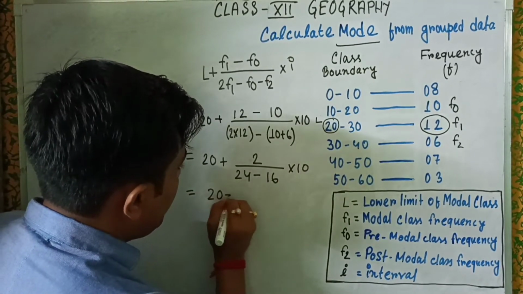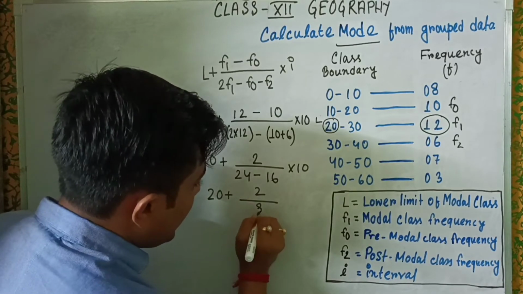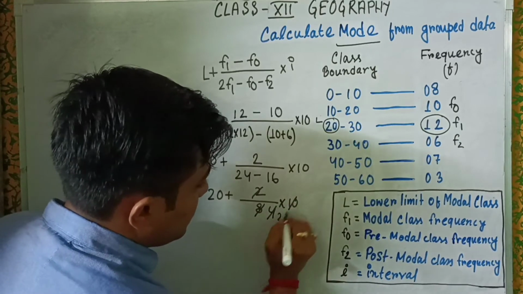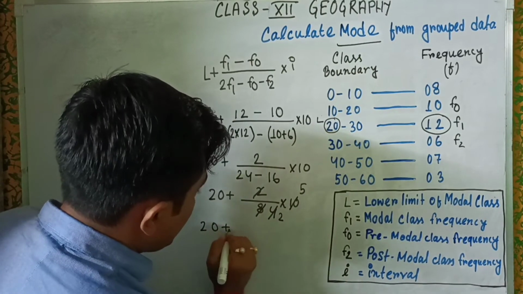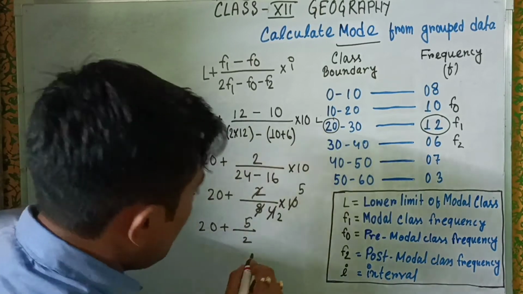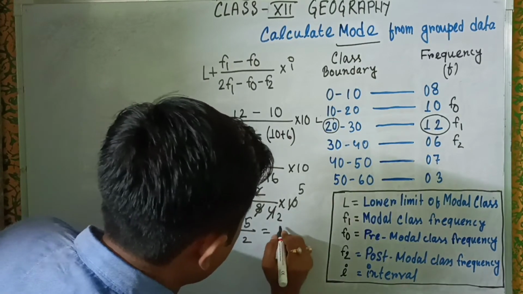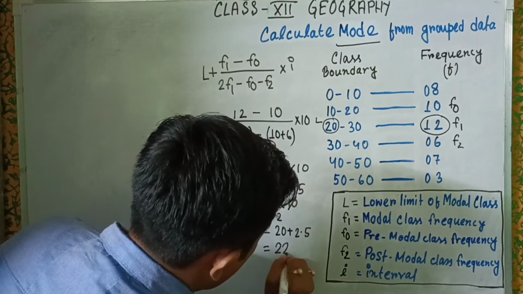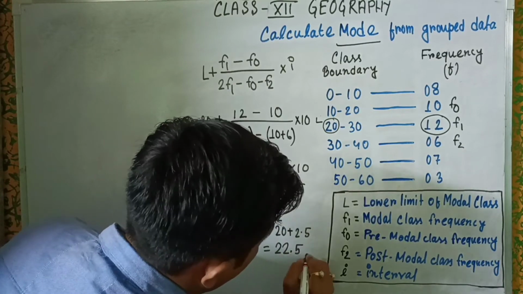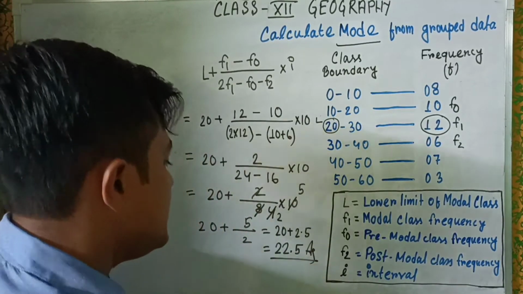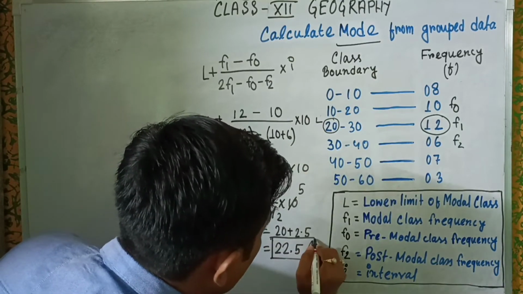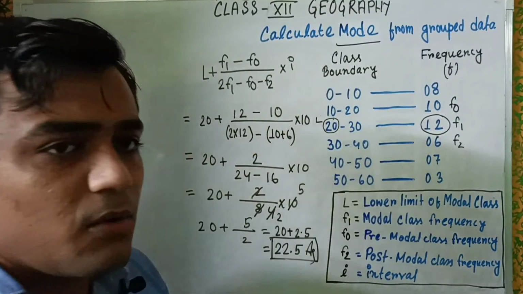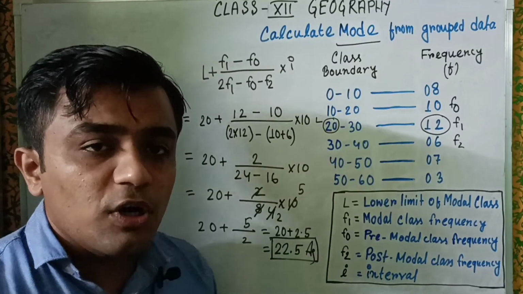So 20 plus 2 by 8 into 10, that is 20 plus 5 by 2, and 5 by 2 means 2.5. So 20 plus 2.5, and 22.5 is our answer, the mode of this data. That's how you can easily calculate mode from group data.